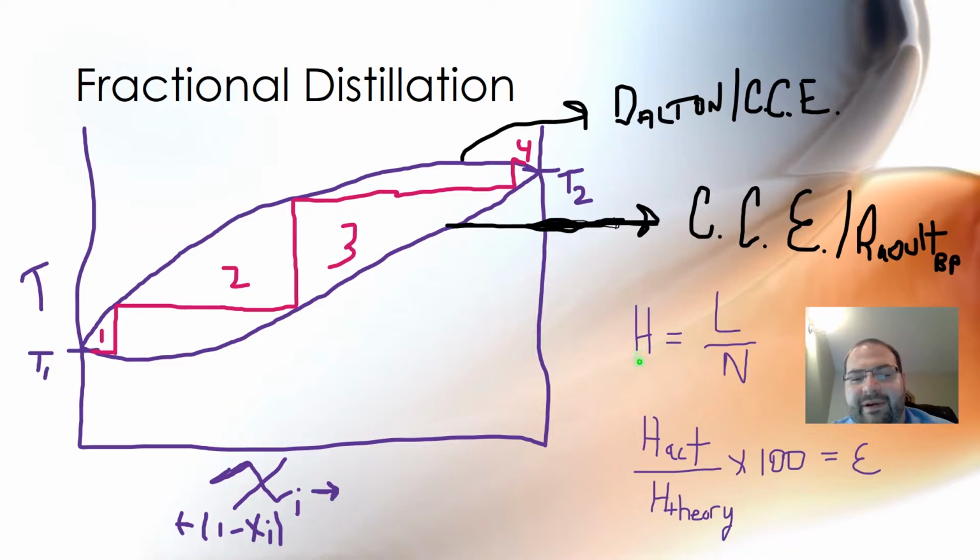Hopefully in a perfect world, your column would be 100% efficient, which means that every plate actually is the plate height that you calculate when you take the length of the column and divide it by the number of theoretical plates you should have. But in reality, you probably won't have a perfect fractional column.